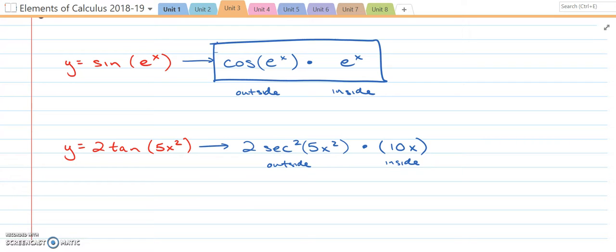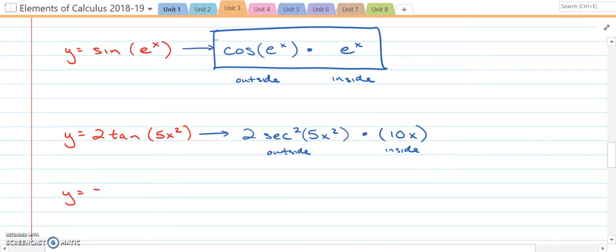So this time, I'm going to give you a whole lot more things to deal with in this problem. And hopefully, you're not intimidated by it. Let's go with a negative 3 times the cosine of e to the 6x plus 3x to the 5th, all as an exponent.